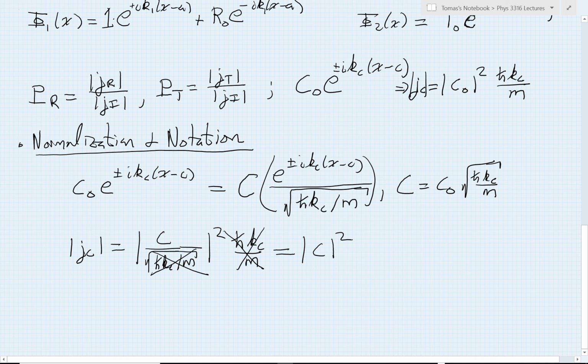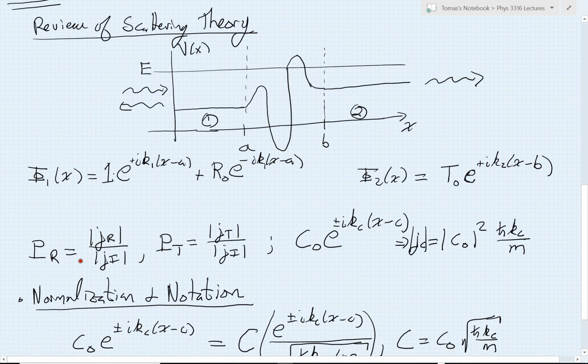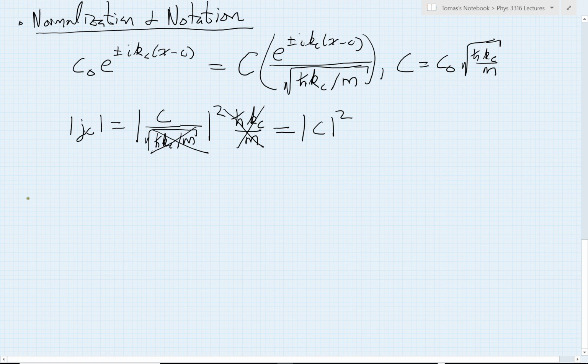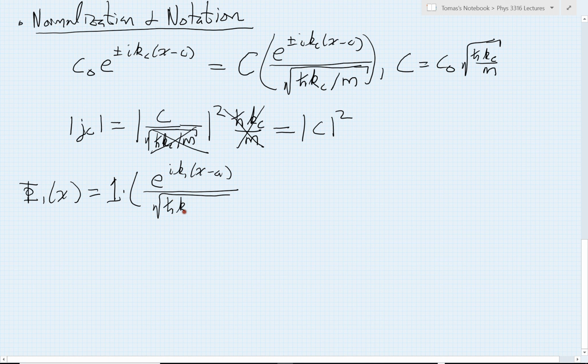Now, once we have this, then, we can think about what our solution should look like if we rewrote it not in terms of these as our unit waves, but in terms of our new unit waves with our new normalization. So I'm going to rewrite my original solution then in the following way: phi 1 of x is going to equal some unit amount of an incoming wave, e to the i k1 (x minus a) as we had before, but now it's going to be normalized by, with a slightly different norm, the square root of h bar k1 over m.